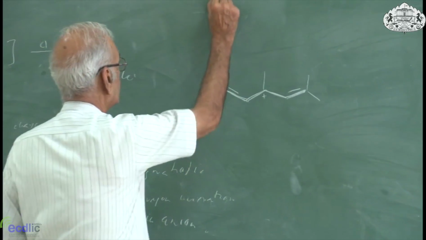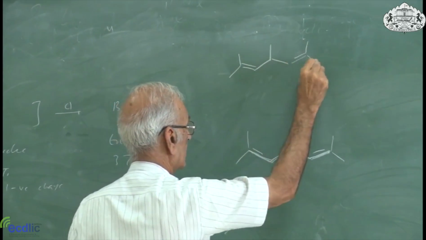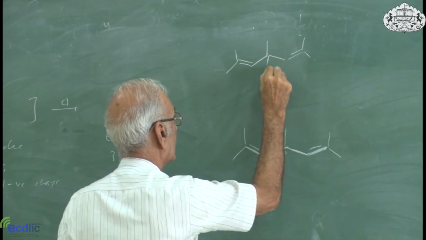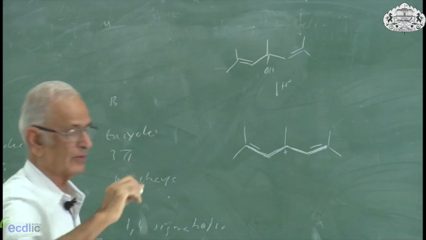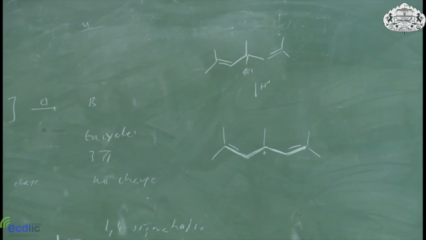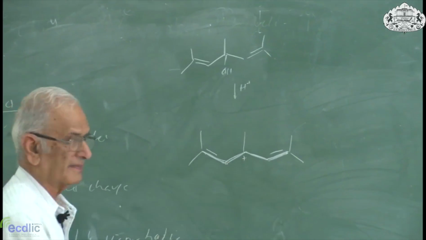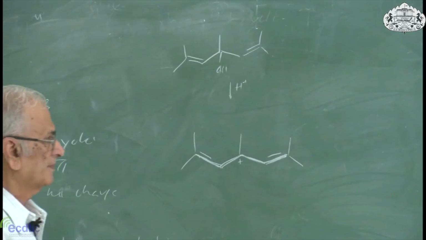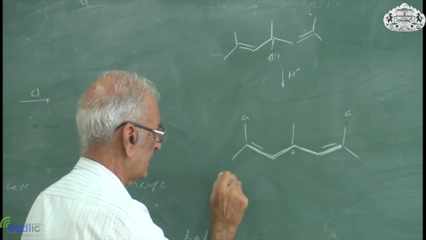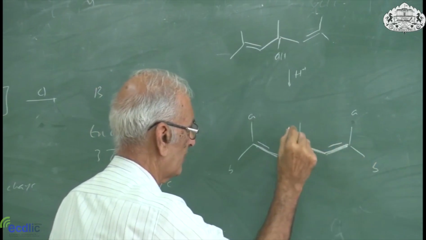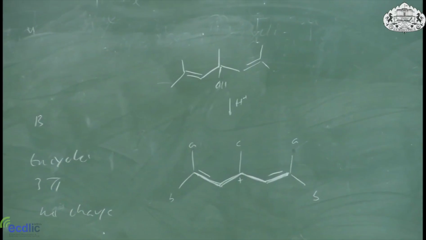So, the attempt was, you treat this with H plus, and what was expected? One should get this. What will we see? These two methyls are the same type, these two methyls are the same type, that will be the third type of methyl.